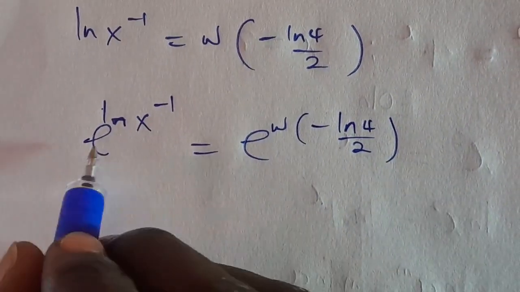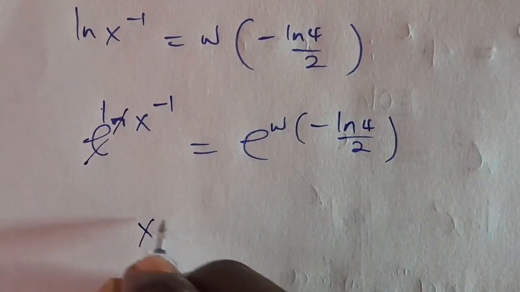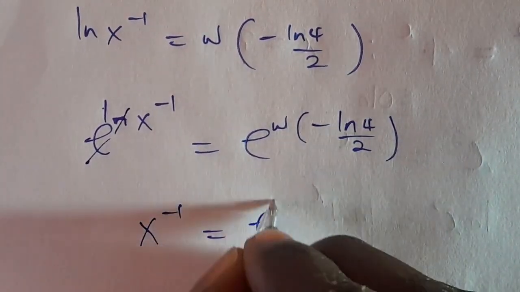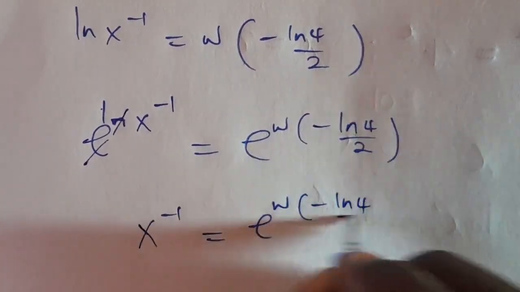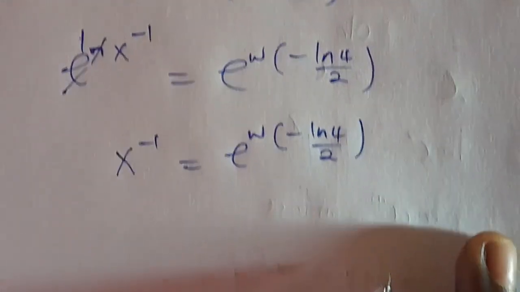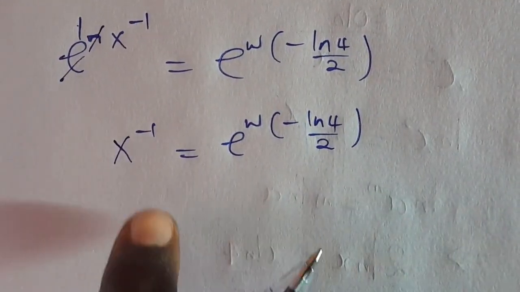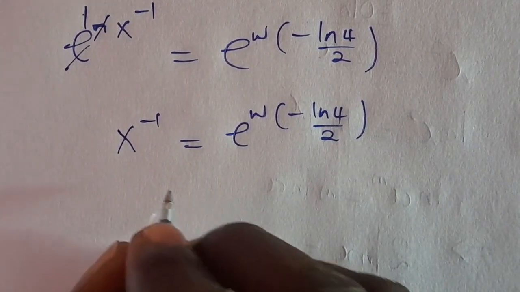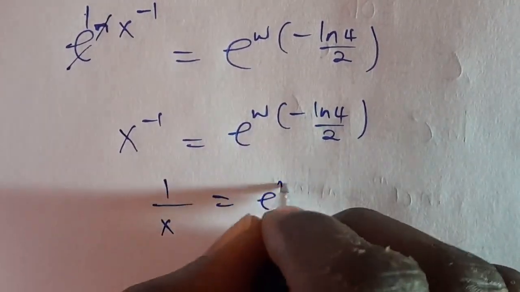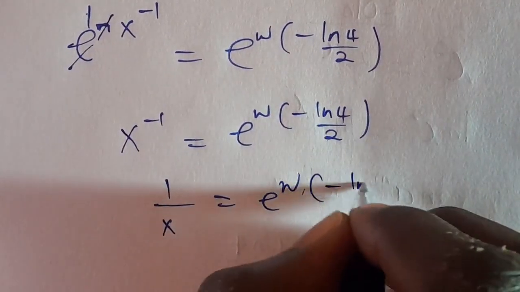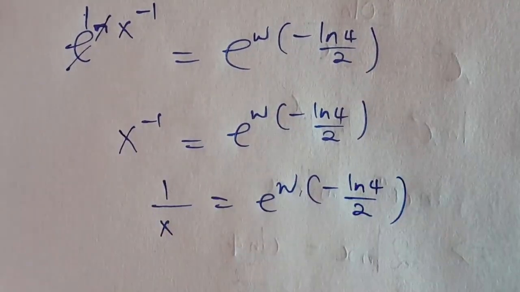Then this will easily cancel this. We have x to the power of minus 1 equals e to the power of W of minus ln 4 divided by 2. So from here, we can have this as 1 divided by x equals e to the power of W of minus ln 4 divided by 2.